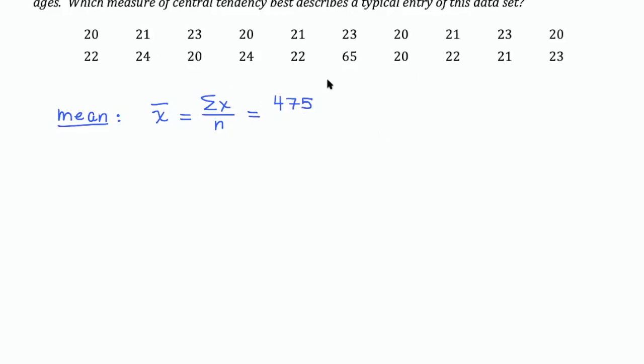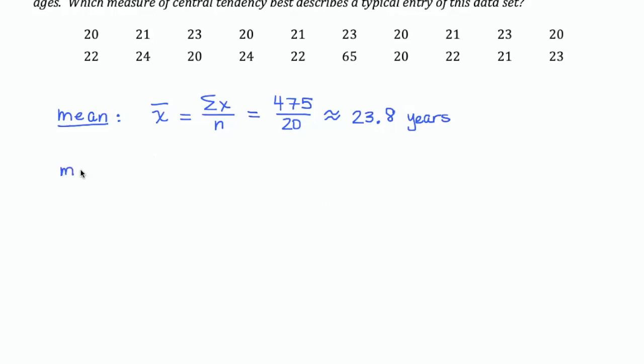Then you would divide by the number of pieces of data, which is 20. You pick up your calculating device and you get an approximate value, which I'm going to round to one decimal place. So I'm going to say it's about 23.8 years. Don't forget units. So that's the average age for a student in this class.